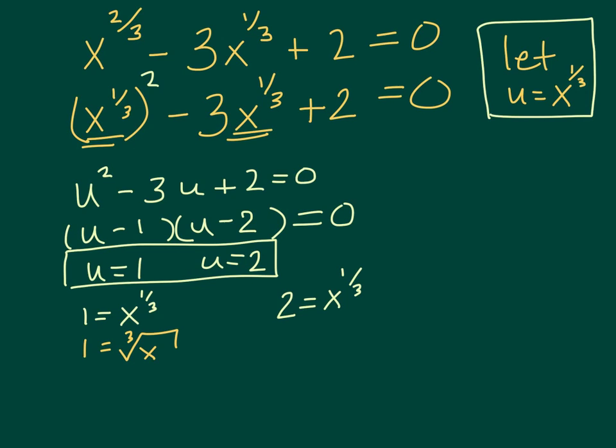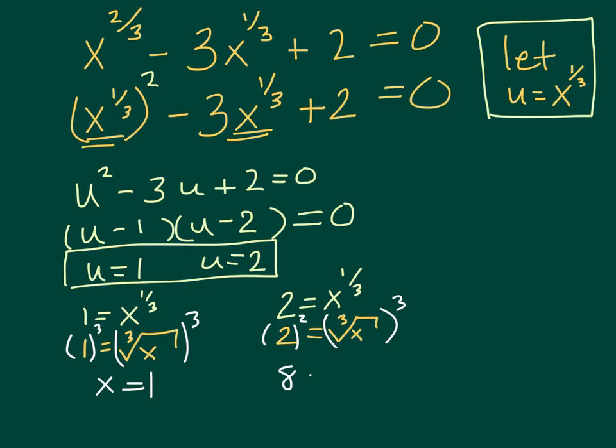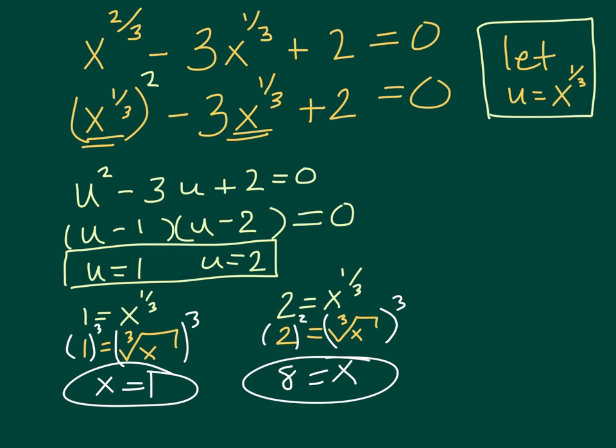So to solve this, we will cube both sides of the equation and get x equals 1. And same thing here, the cube root of x. And if I cube both sides on this one, I will get 8 equals x. And here we get 2 answers, x equals 8 and x equals 1.